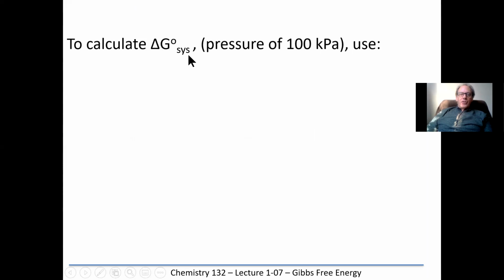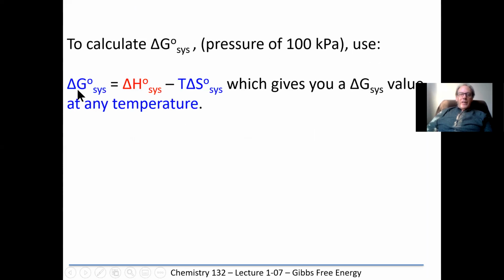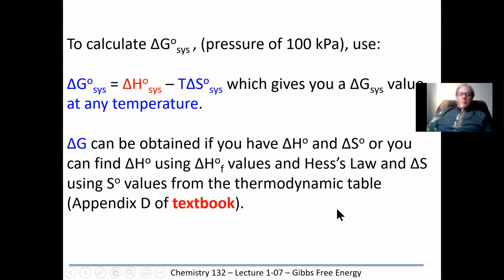To calculate delta G of a system for a pressure of 100 kilopascals, we're going to be able to use this equation, which gives you the delta G of the system value at any temperature. Delta G can be obtained if you have delta H and delta S from tables in textbooks.